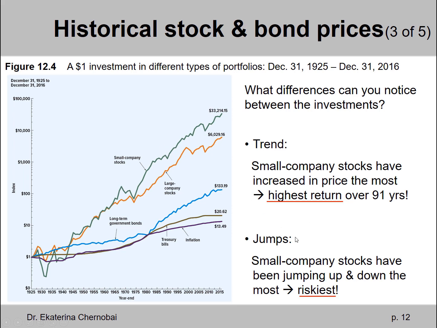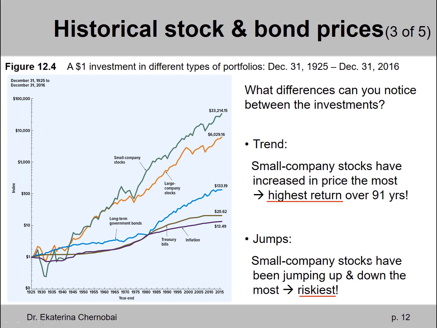So if you look at those jumps, which means in some years your investment is worth a lot of money, next year you lose a lot of money, right? In terms of the jumps, which line jumps the most? It's the small company stock, which is also the one with the steepest trend, right?